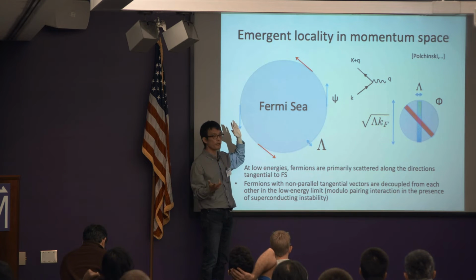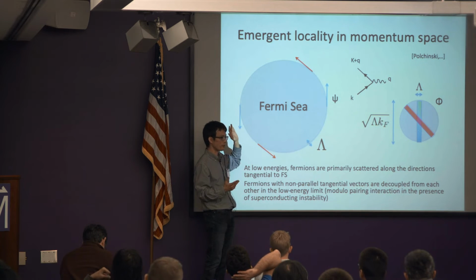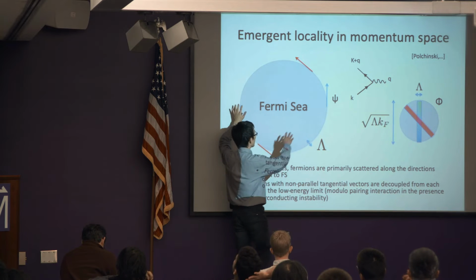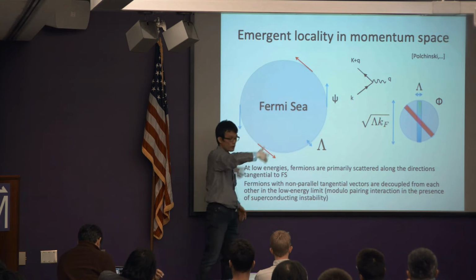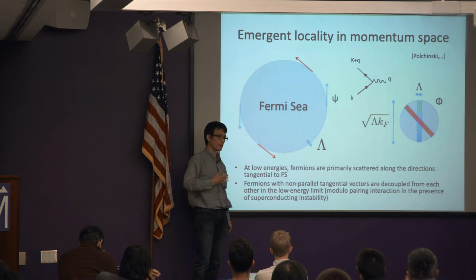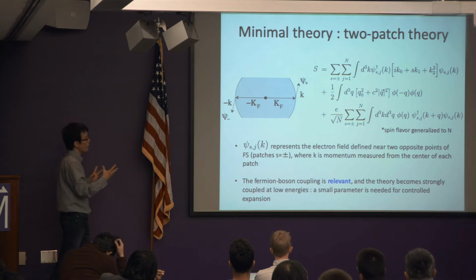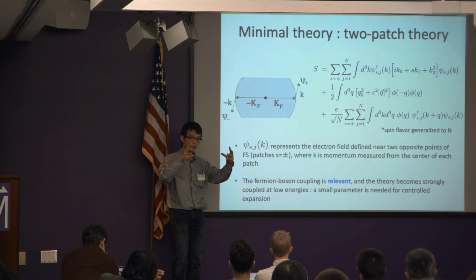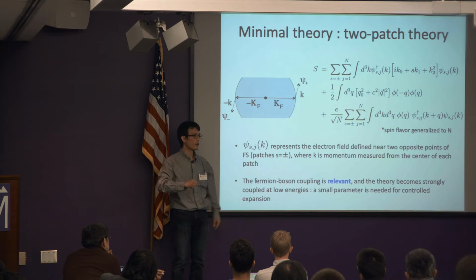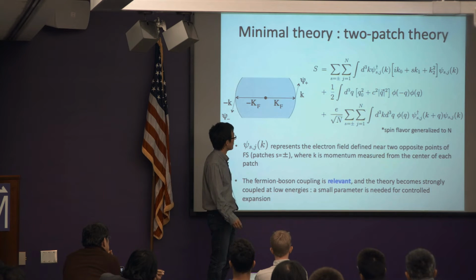So that's why it's a two-patch theory, not a one-patch theory. So generically in two dimensions, you have two patches that are coupled with a boson in the same kinematic region. Okay? So the two-patch theory includes fermionic excitations at the two antipodal points and the collective mode.